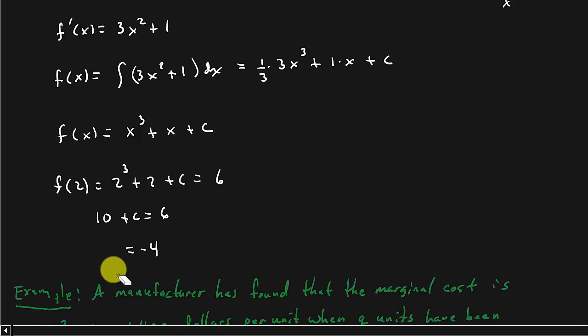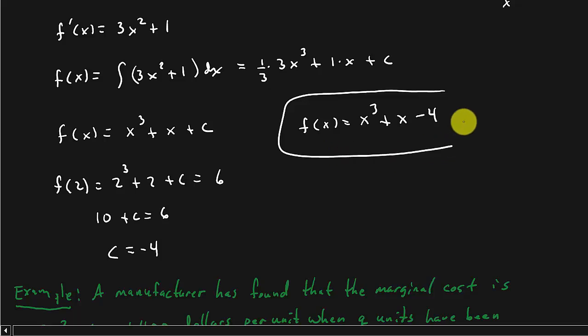Well, it doesn't look like a c, but it is. So c is negative 4. So I can replace this c with negative 4. So that gives me f of x equals x cubed plus x minus 4. And so that's your function right there.